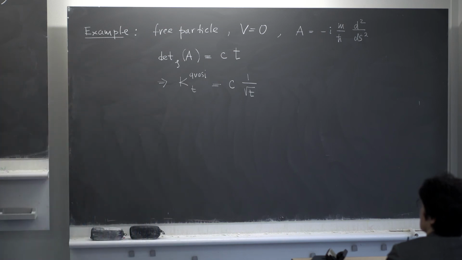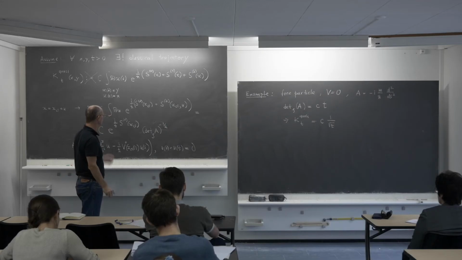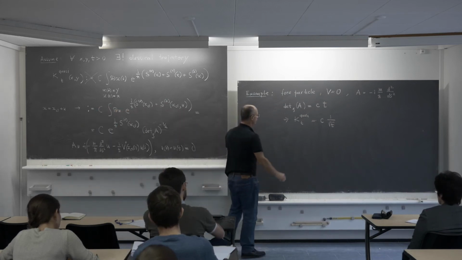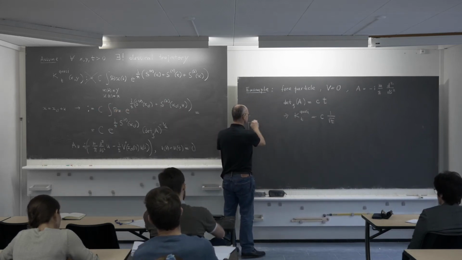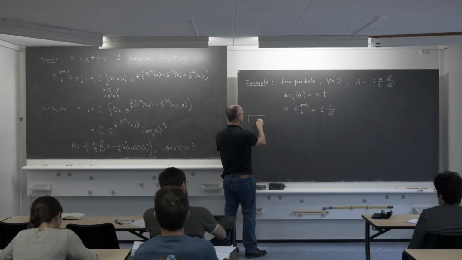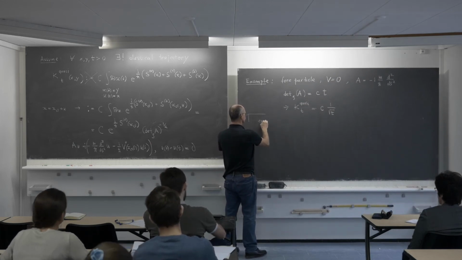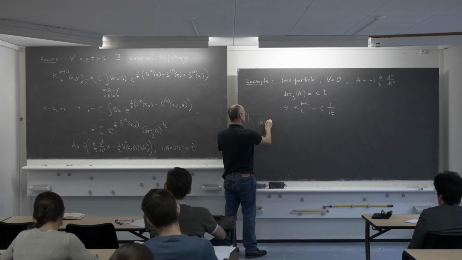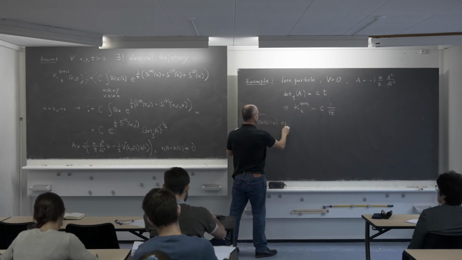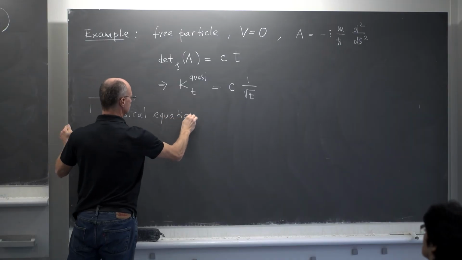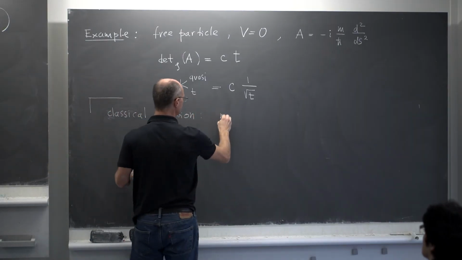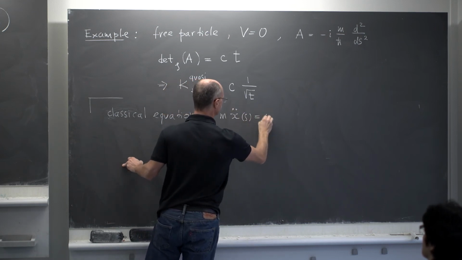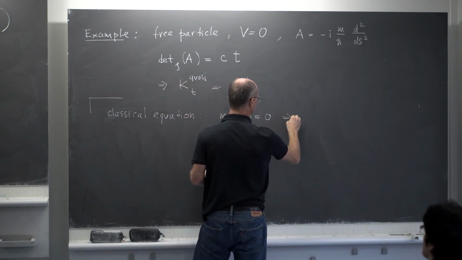And now let's compute what happens with S naught of x classical. Now the classical equations of motion for the free particle is simply m x double dot of s equal to 0.